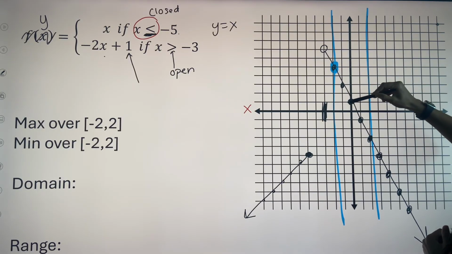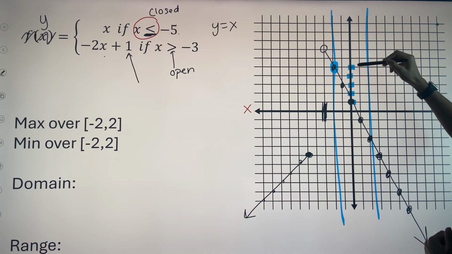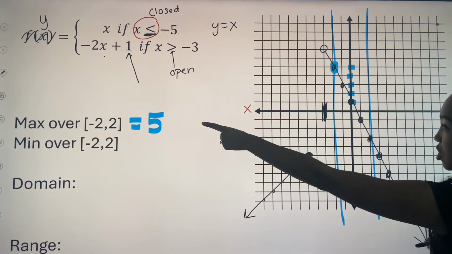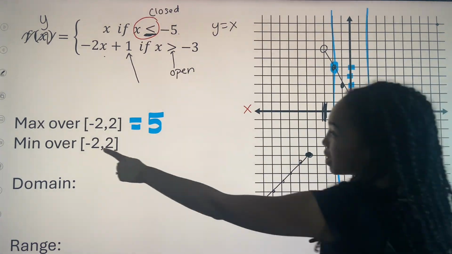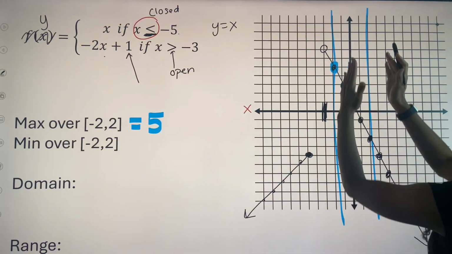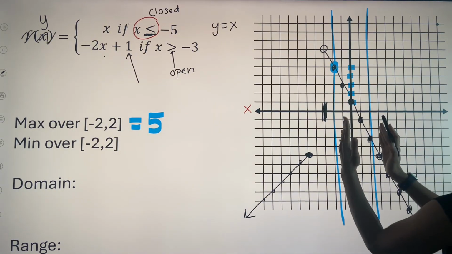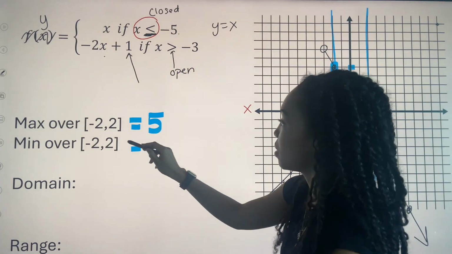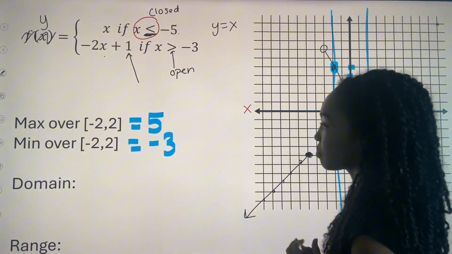And that is the y value, 1, 2, 3, 4, 5. So that means the maximum is 5 on this interval. Now the minimum over this same interval, the lowest point between here and here, is right here at negative 3. So the minimum is negative 3.